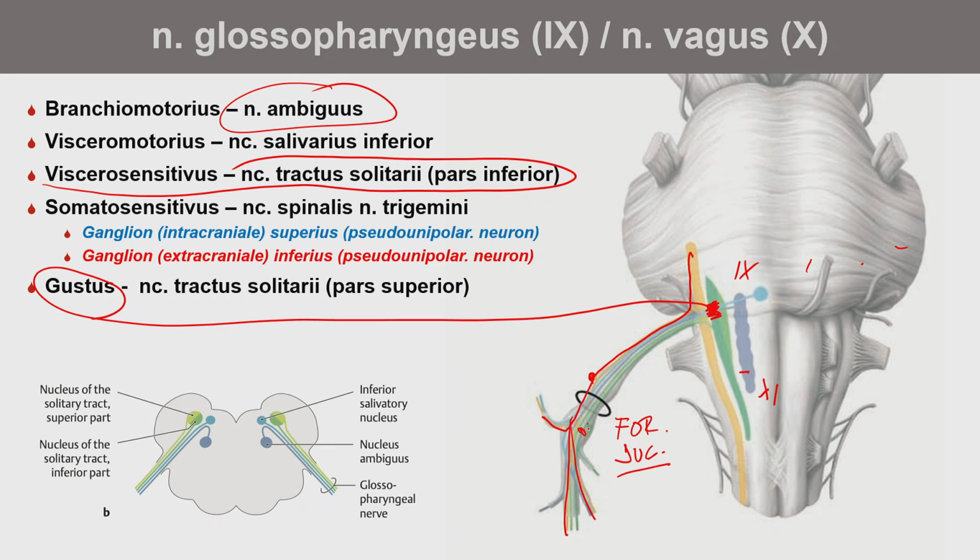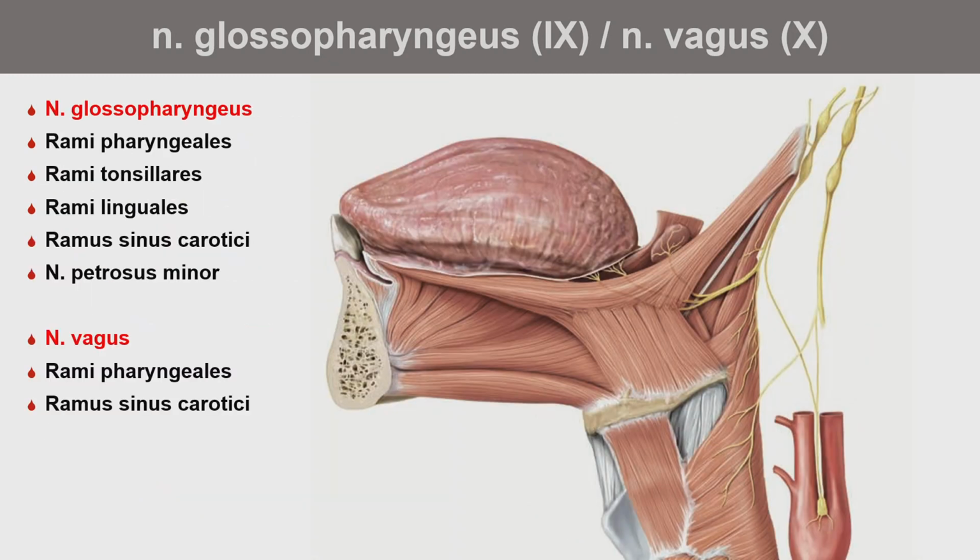The other pseudo-unipolar neurons are localized in the inferior ganglion, and in the inferior ganglion are led the viscerosensitive and gustatory information. Viscerosensitive about the tension inside the gastrointestinal tube, so in the pharynx, and the taste. And the taste is where?